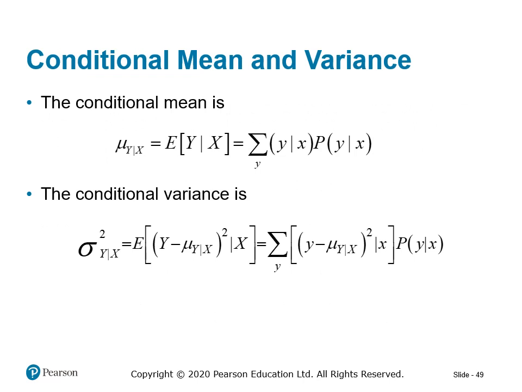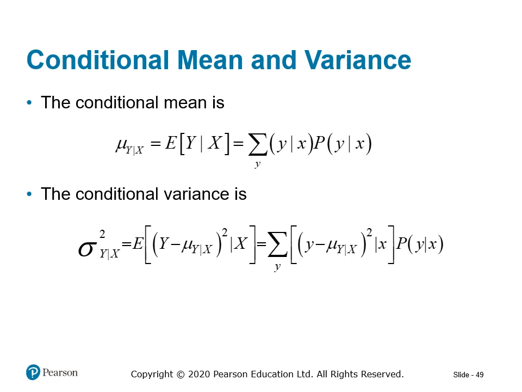The conditional mean: the mean of y given x is, of course, the expected value of y given x. That's just the summation of all the y's given your x times the probability of little y given x.